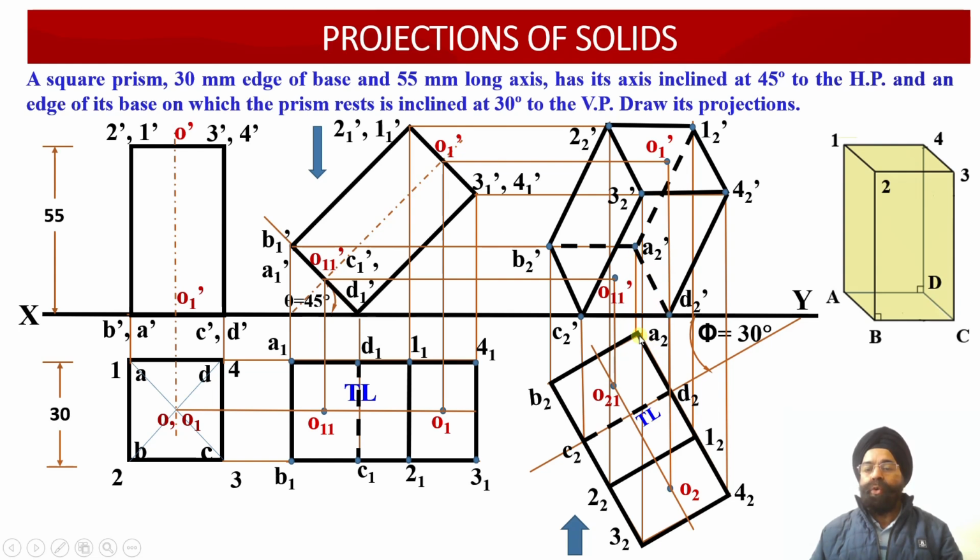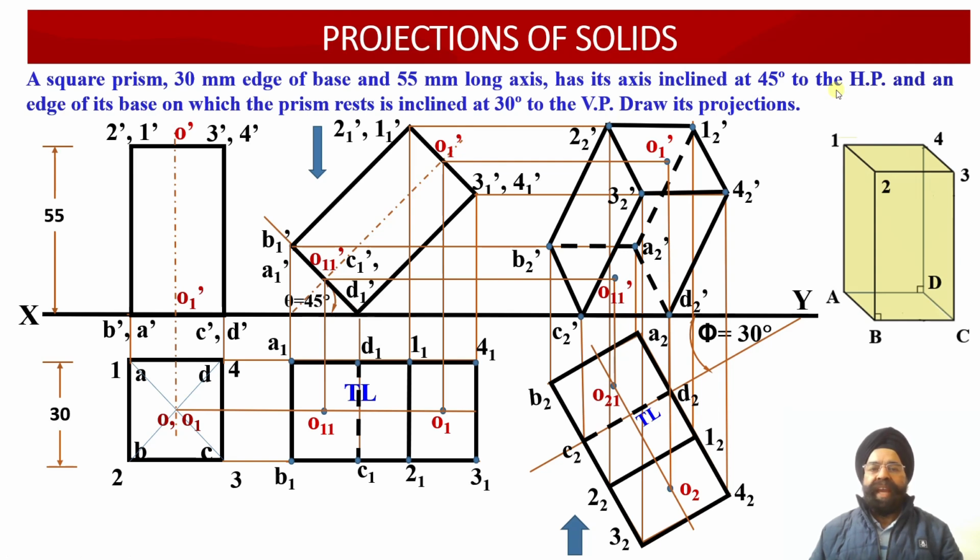Because A2 is the farthest point from the observer. So the 3 edges, that is A2 dash B2 dash, A2 dash D2 dash and A2 dash 1,2 dash, since they are lying on the back side, they are not constituting the boundary of the solid. So these 3 edges we have drawn as hidden lines, and all the rest of the edges we have marked as object lines or solid lines over here.